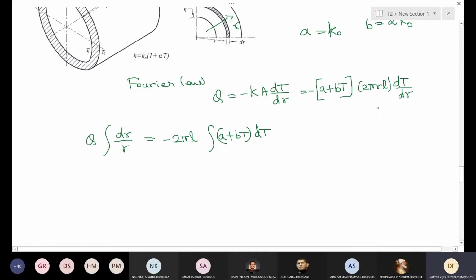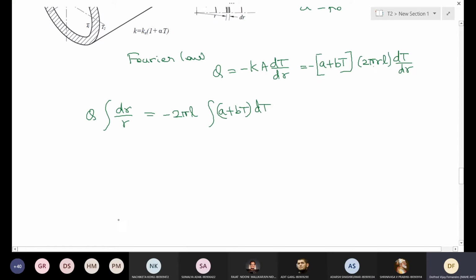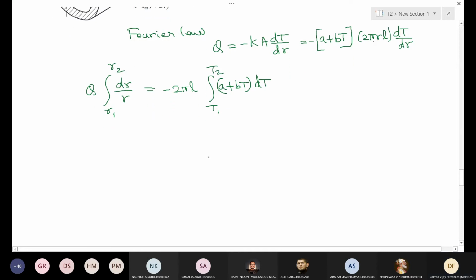Check it. Anything missing? 2 pi L is here. r is taken to the left hand side here, and okay, everything is okay. So limits, we can integrate from inner radius R1 to outer radius R2. The temperature at the inner radius is T1, temperature at the outer radius is T2.